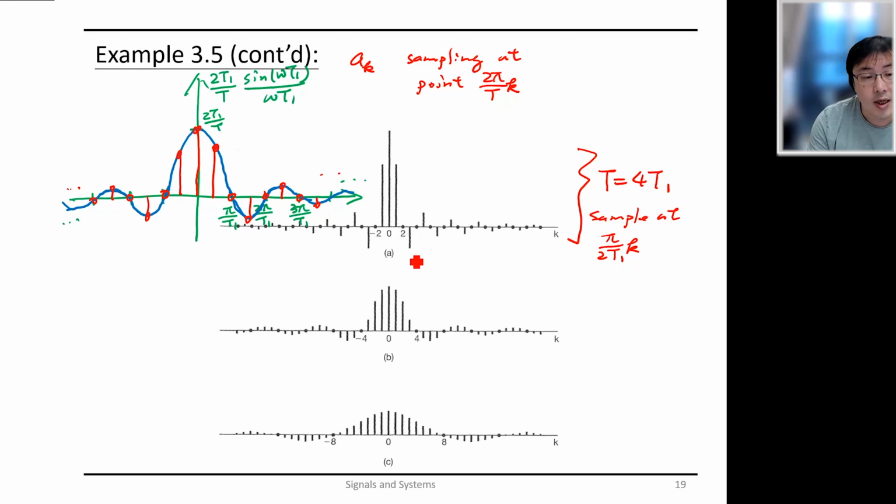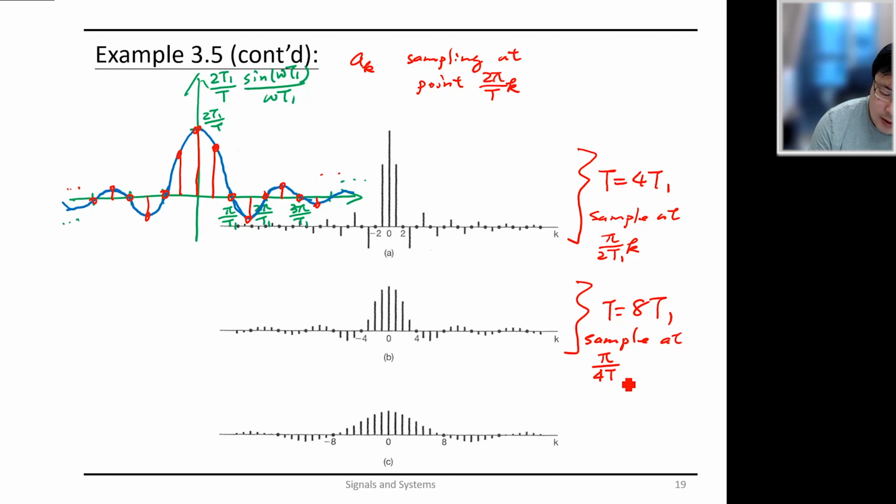And you can see that this is exactly what you get, right? So this is A0, A1, this is A2, A3, A4, and so on and so forth. Okay. Now, down here, you have t equal to 8t1. Okay. So which means that you're sampling at, let's say, pi over 4t1 k.